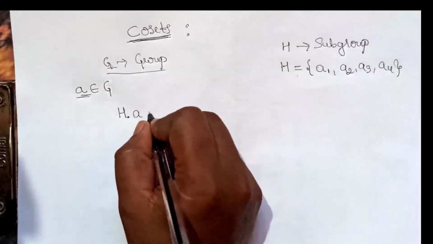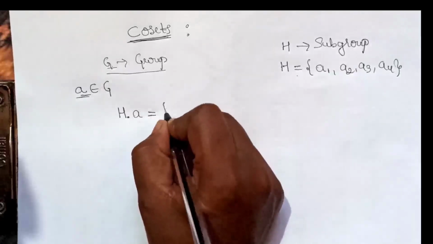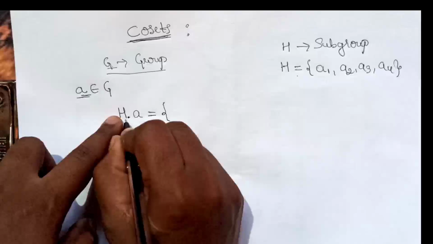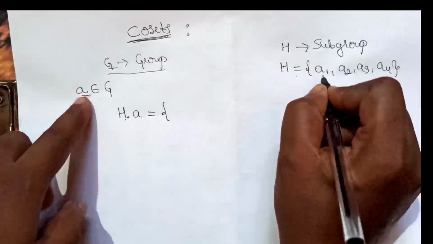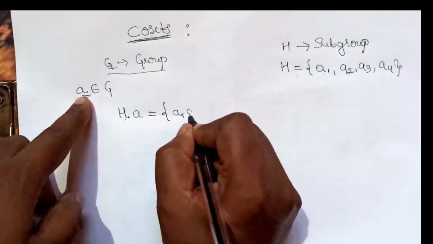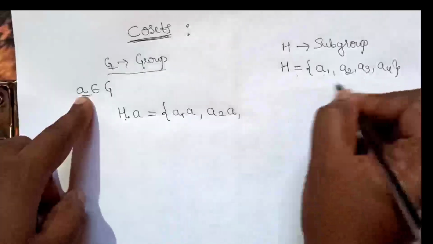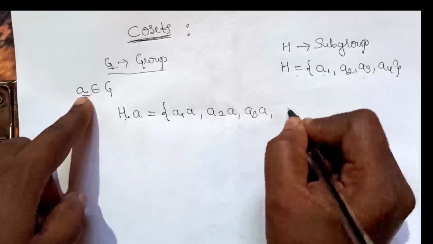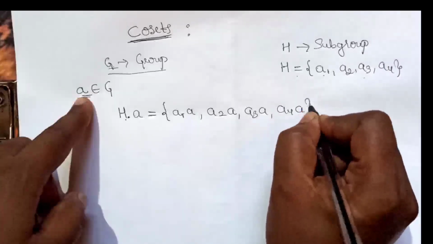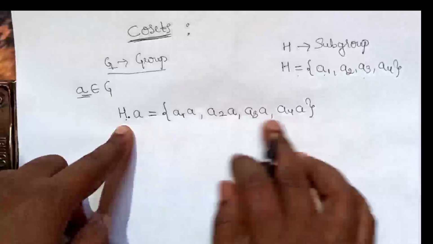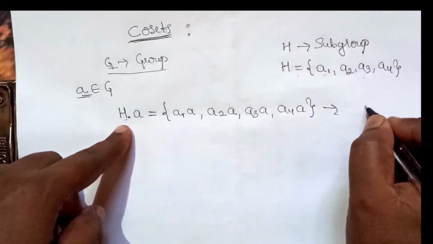Now H dot a can be written as, first considering the elements of H, a1 dot a, a2 dot a, a3 dot a, a4 dot a. So this is a new set which is called the coset.